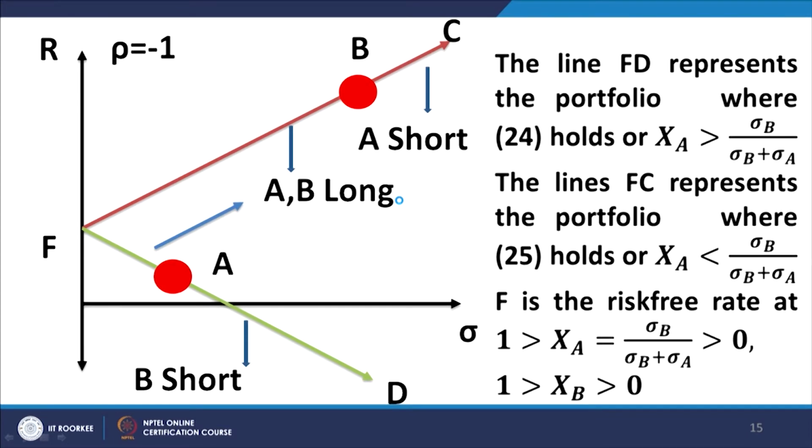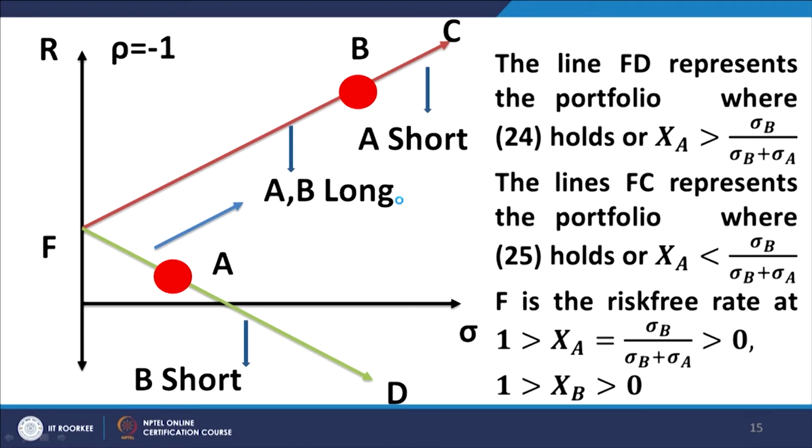Moreover, in the region B C, A is short, B is long. In the region B F A, both are long, and in the region A D, B is short, A is long.